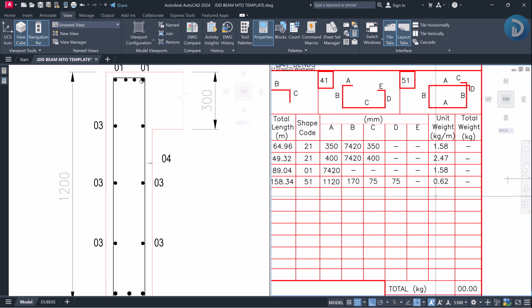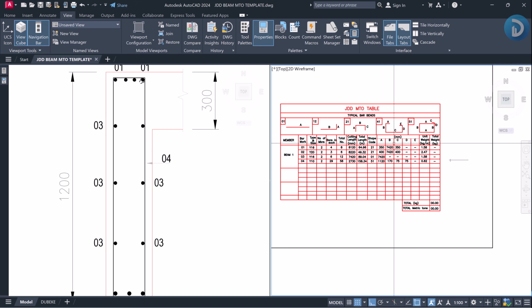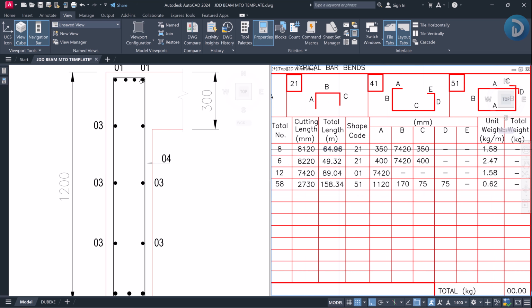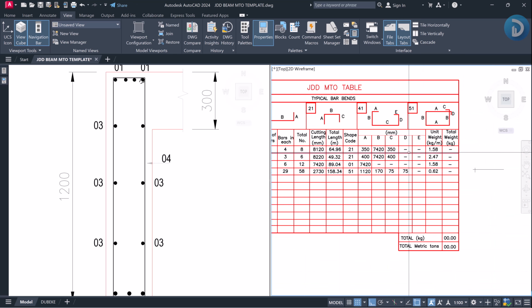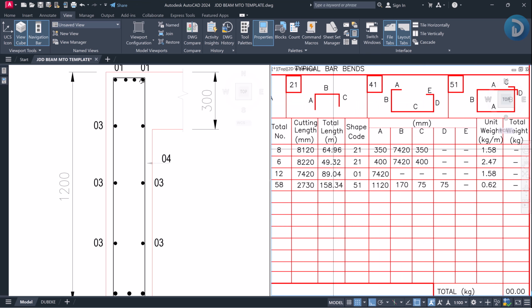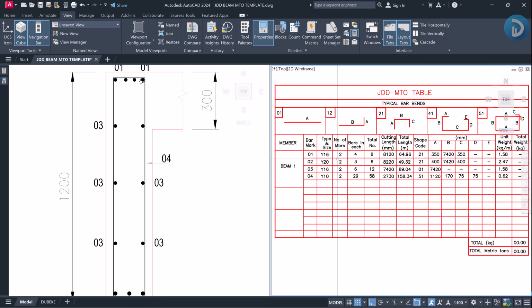Now we have the weight per meter and we have the total length in meters. So it means this weight will appear 64.96 times. We have the weight for every 1 meter and we require 64.96 meters of this diameter 16 reinforcement for the bar mark 01.